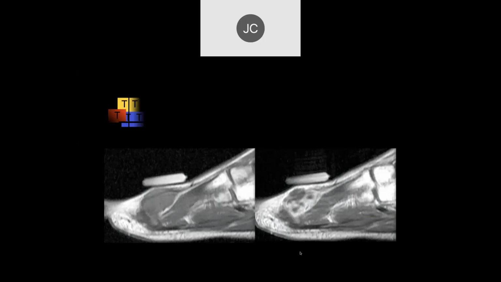Okay, Elior. So T1 on the left and with contrast on the right. See this heterogeneously enhancing mass.